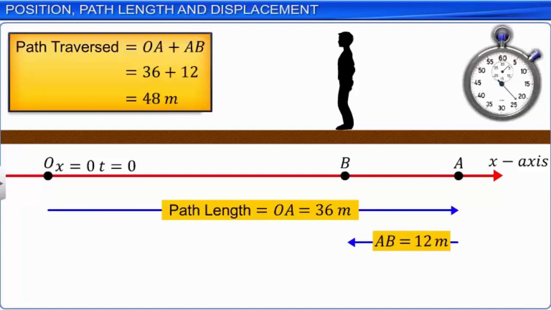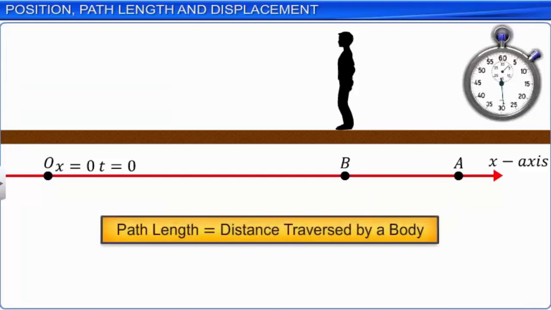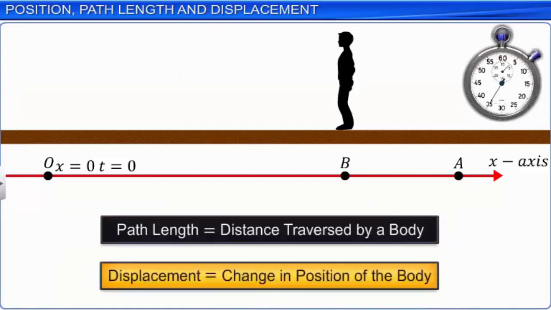Path length is the distance traversed by a body, whereas displacement is the change in the position of the body. Let us consider an example to understand displacement better. Let an object be placed at point O, which is the origin.